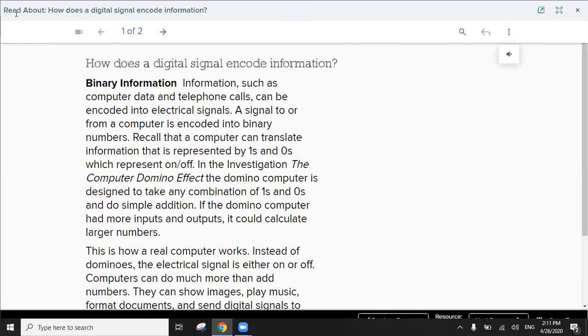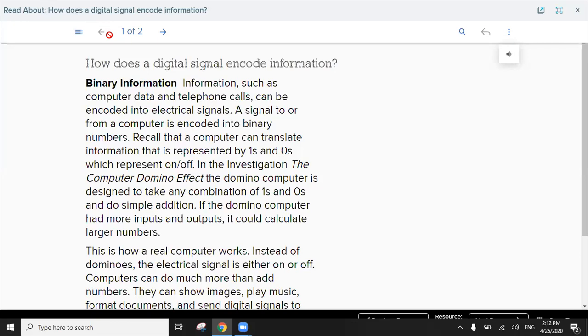Recall that a computer can translate information that is represented by 1s and 0s, which represent on and off. So it will be off from 0 and on from 1, to make the encoding.